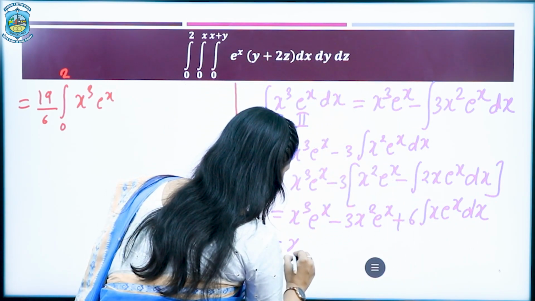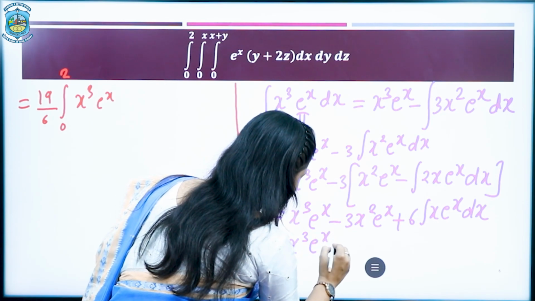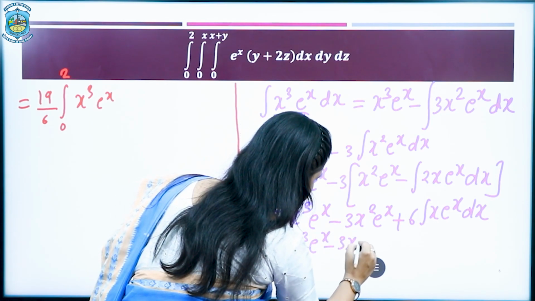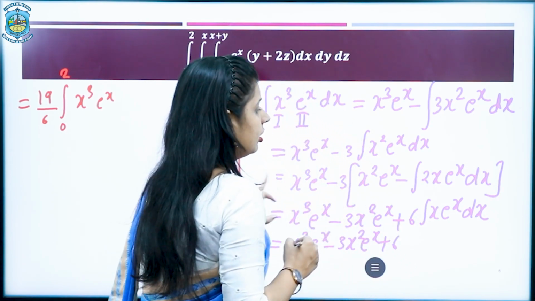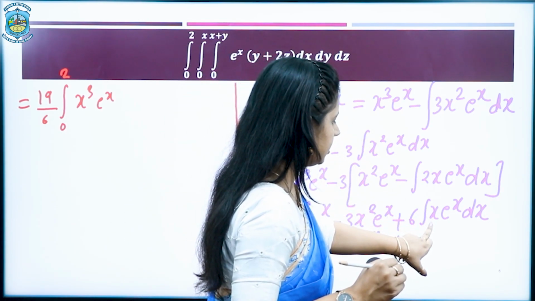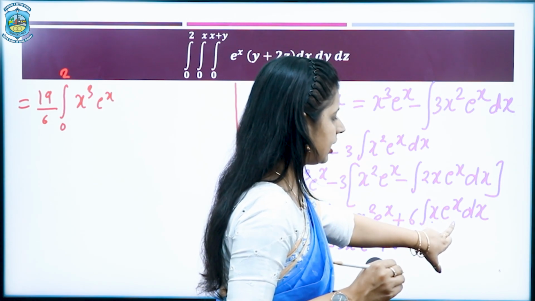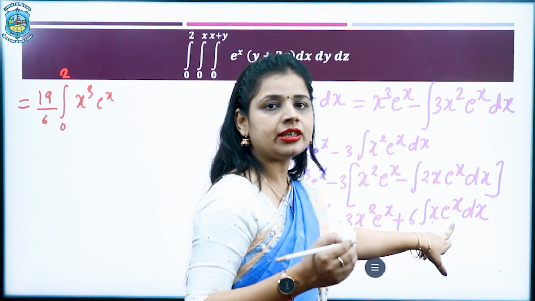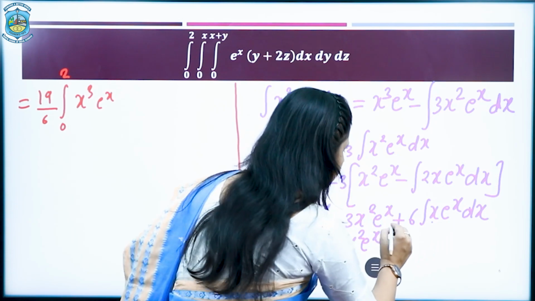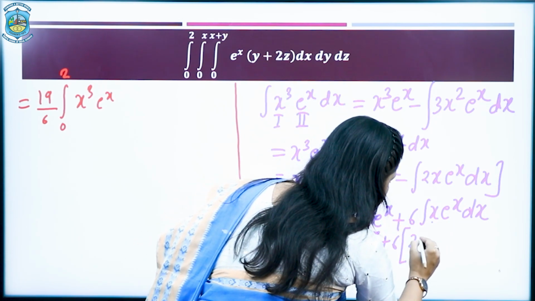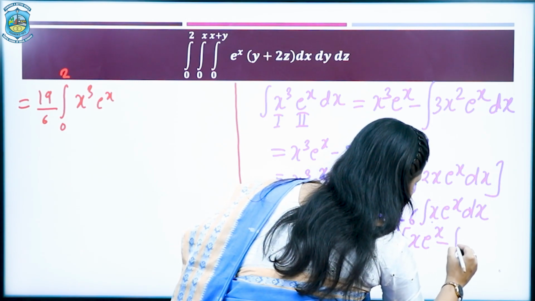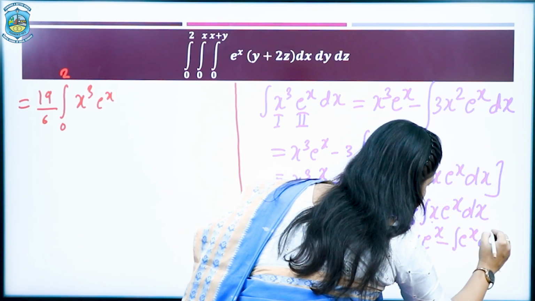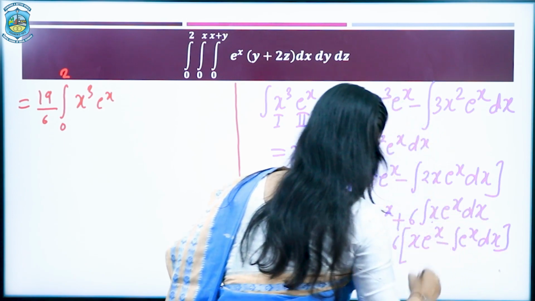So, now this would give us x cube e to the power x minus 3 x square e to the power x plus 6. Now, again to solve this integral x e to the power x, we must apply integration by parts. So, here we will get first function, integration of second minus differentiation of first, integration of second.